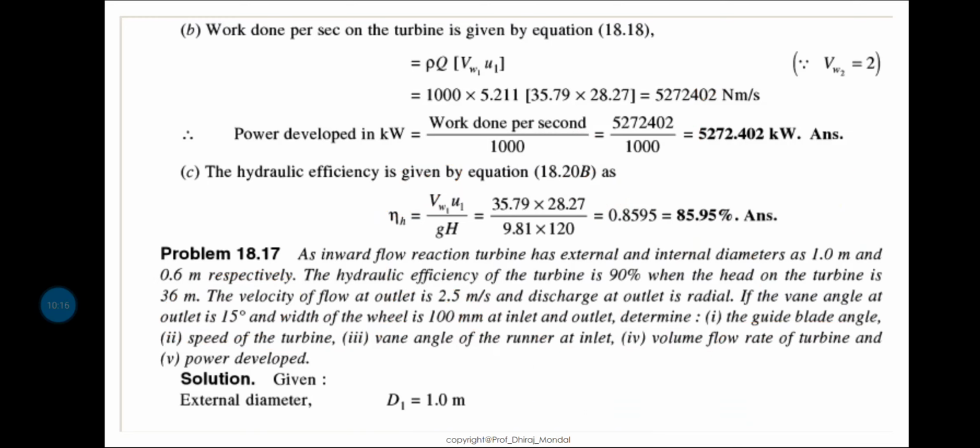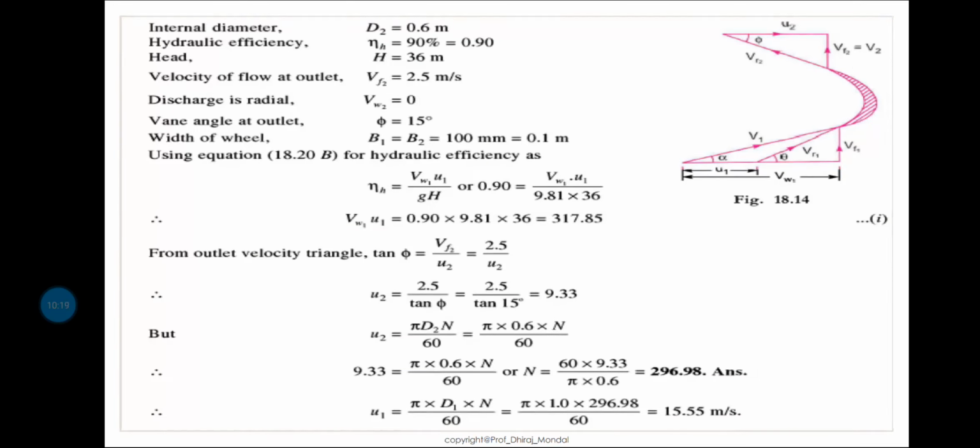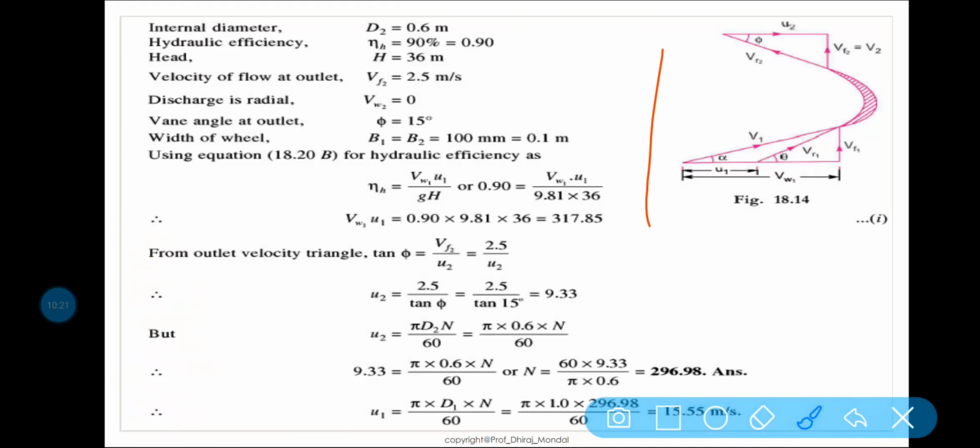Clear? So d1 is given, you can see d2 is given, and this is your velocity triangle, because beta is equal to 90 degree. How can you say? Because the discharge at the outlet is radial, the velocity is radial. So this absolute velocity V2 is equal to VF2.